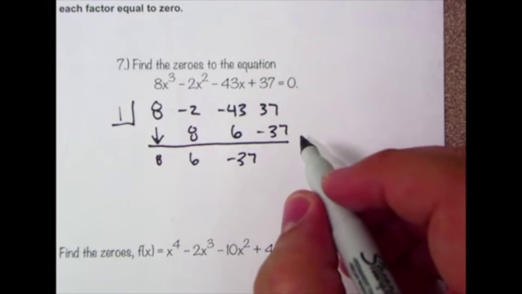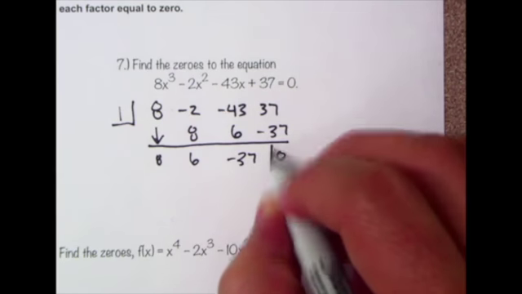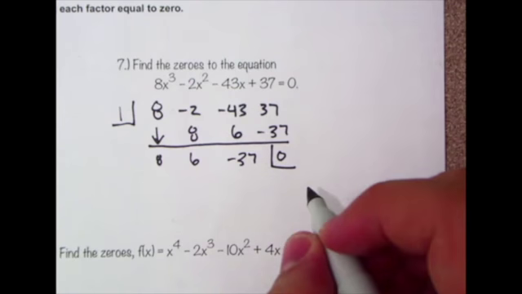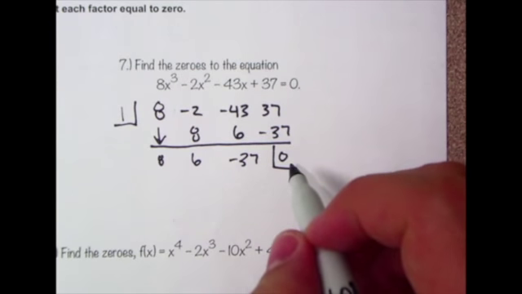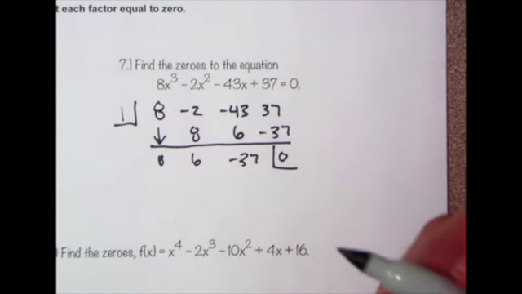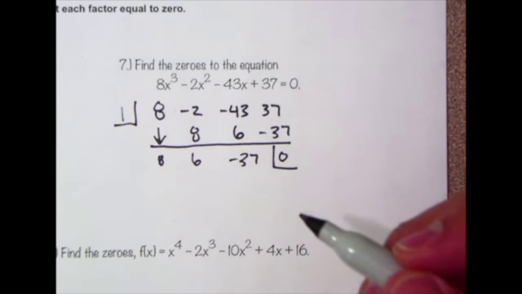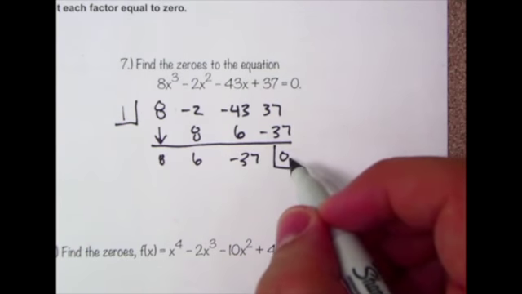If you did the synthetic division properly, you should get a 0 at the end. There should not be a remainder. Because you're using an actual solution, it's a factor, so I should not get a remainder.